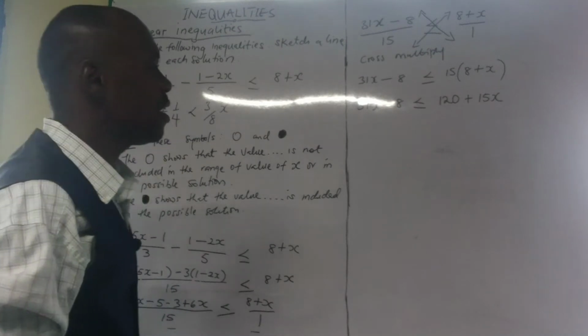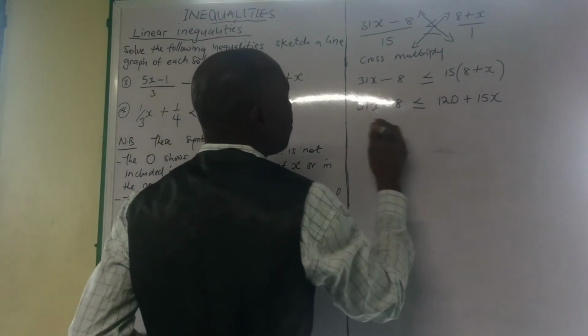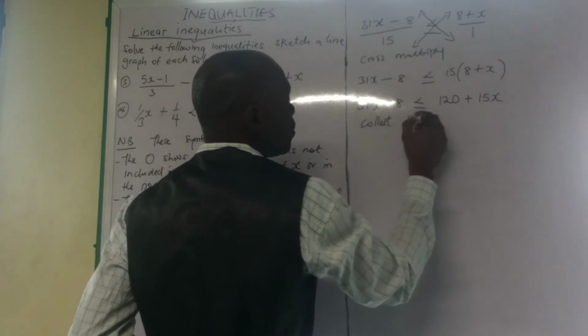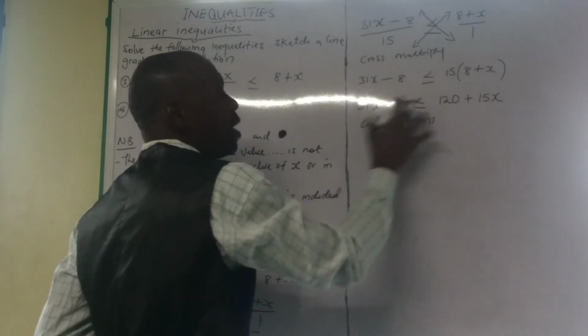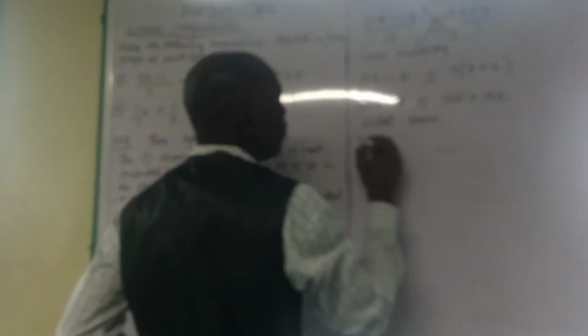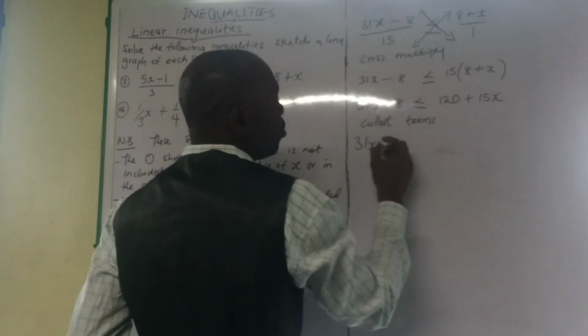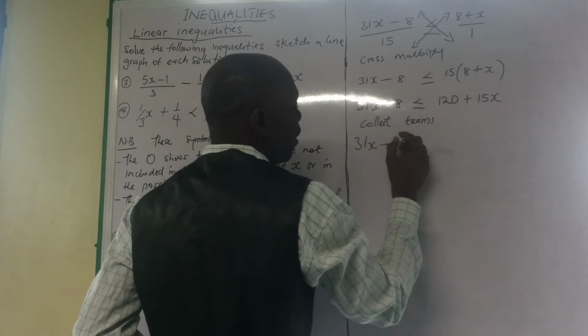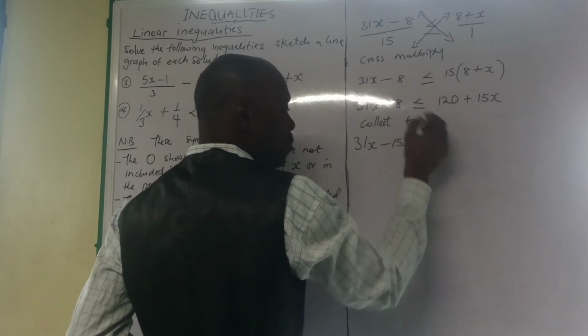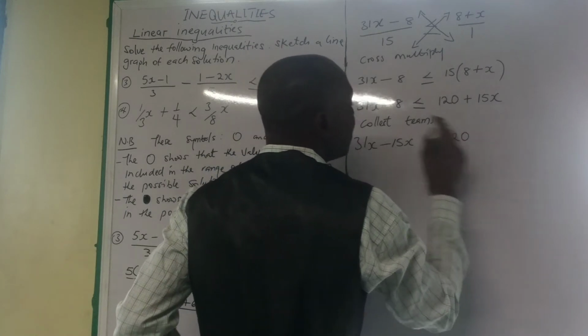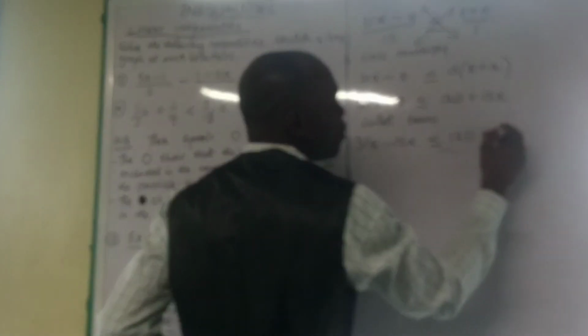We have 15x here, so we now collect the x terms. 31x still remains. We transfer this positive 15x to this side, so it becomes minus 15x. Our symbol still remains less than or equal to. So 120, and this negative 8 turns to positive 8.